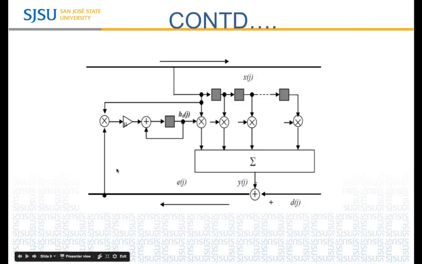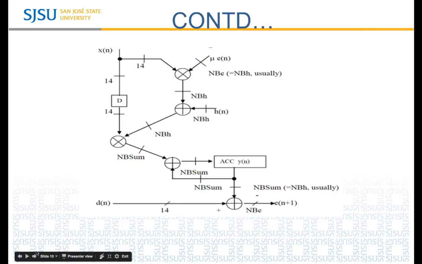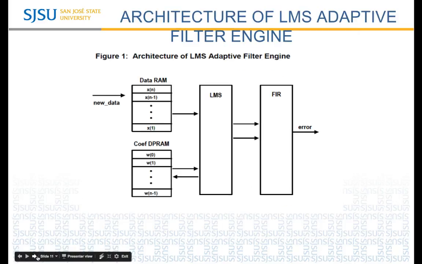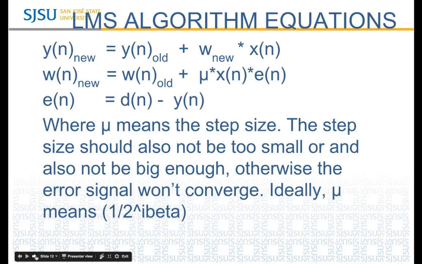The error signal is fed back to the FIR filter, and hence it changes the coefficients of the FIR filter using the LMS algorithm. This is an advanced version of the same block diagram. This shows an architecture of the LMS adaptive filter engine. This is the internal design architecture of the LMS adaptive filter engine.